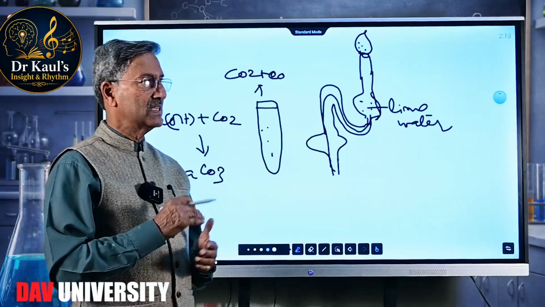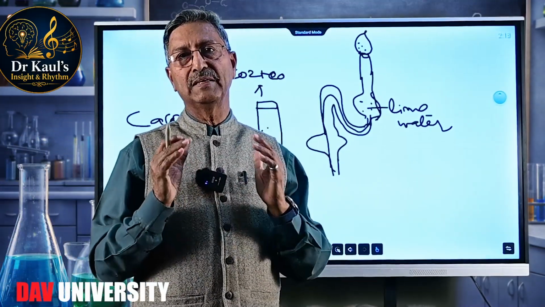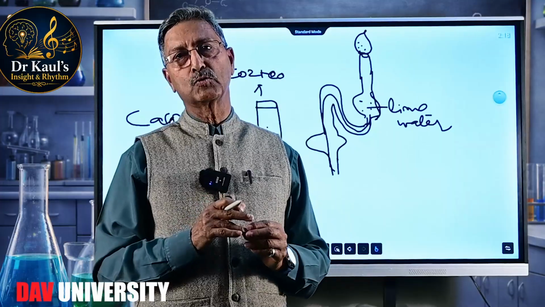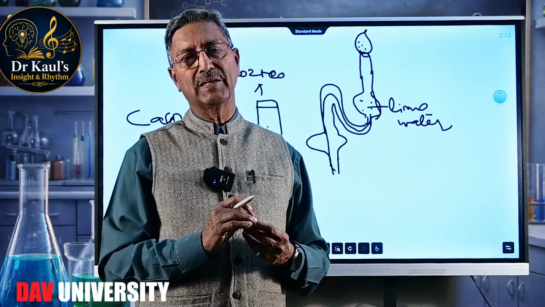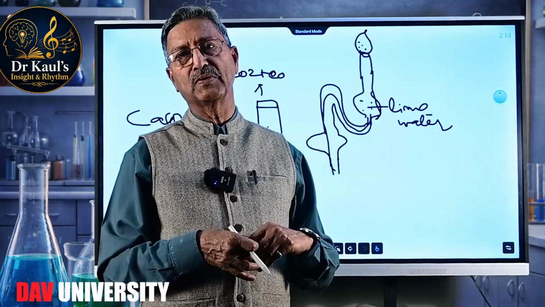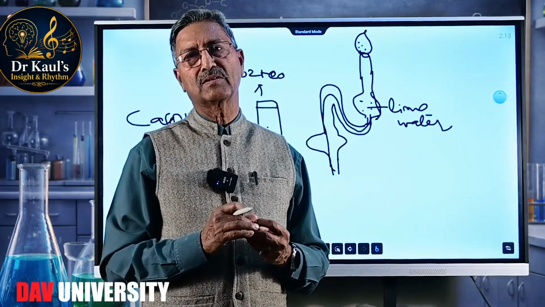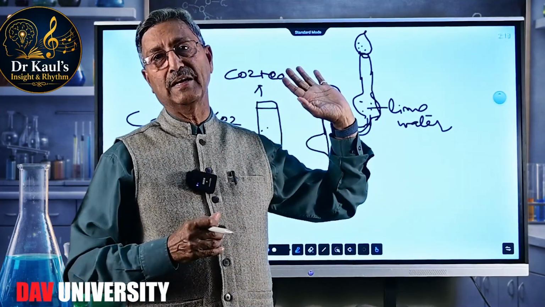So I hope this account of various tests for the radicals to be detected with concentrated H₂SO₄ and the chemistry behind this, you might have understood. Then in the next lecture, I'll be discussing with you the confirmatory tests of these radicals.